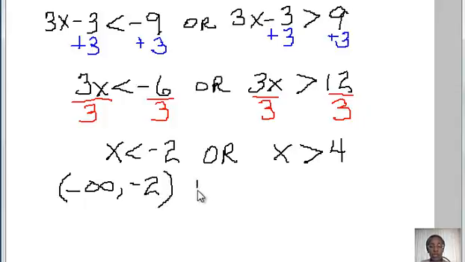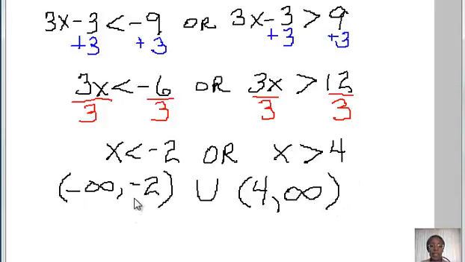I write a union symbol in place of the word or, and then to write in interval notation the inequality x bigger than 4, parenthesis 4, which means 4 is not part of the solution set, comma, infinity.